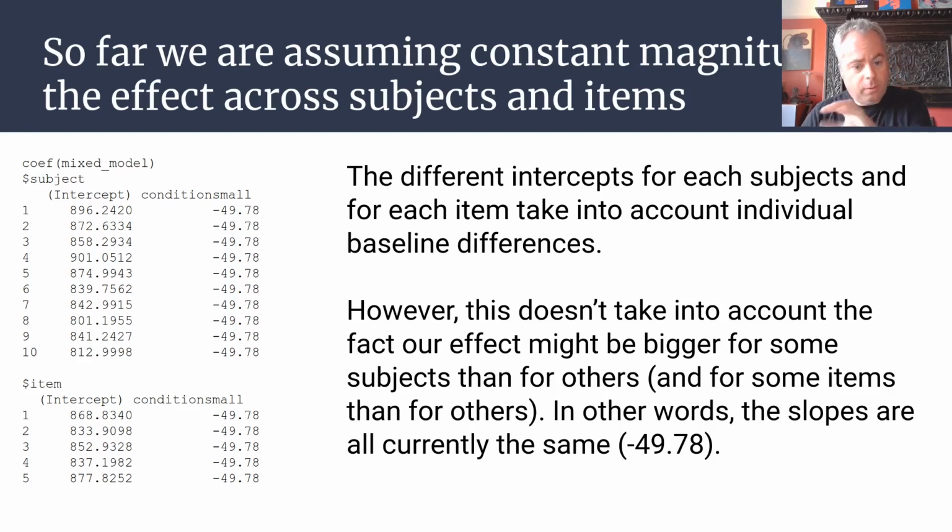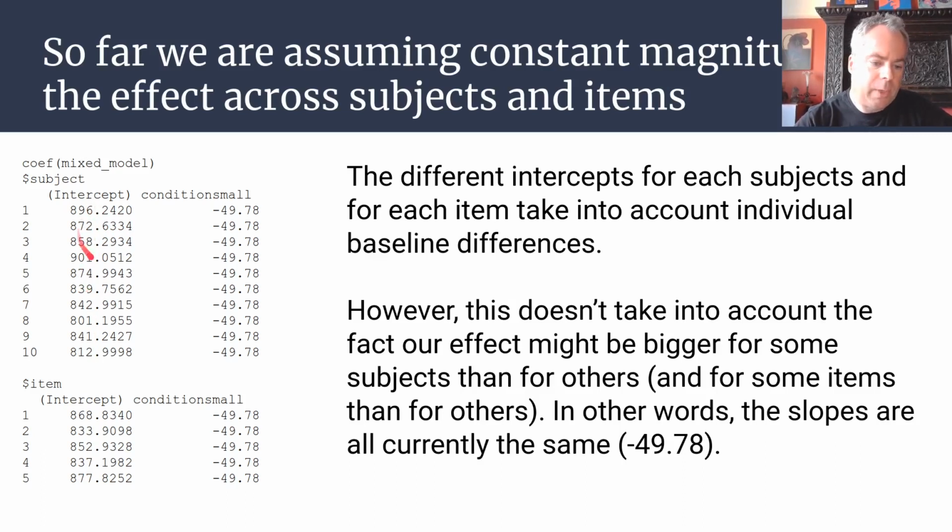So far we've been assuming a constant magnitude of the effect across subjects and items. And we can actually look at that by asking for the coefficients of our mixed models to be generated. And we see we've got separate coefficients for each of our different participants and each of our different items. So we've got a different intercept, which is basically a different baseline for each of our different participants.